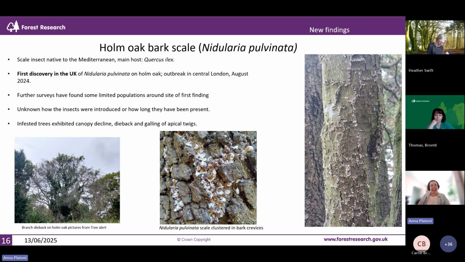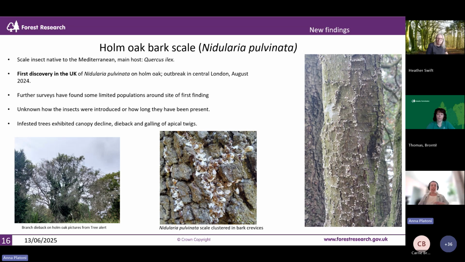How likely is it that both of these are actually new insects to the UK? Well, the answer was both of them. So yeah, they are linked. They were found in the same summer, and they're both Hemipteran pests. But other than that, as you can see from these pictures, they're pretty different beasts.